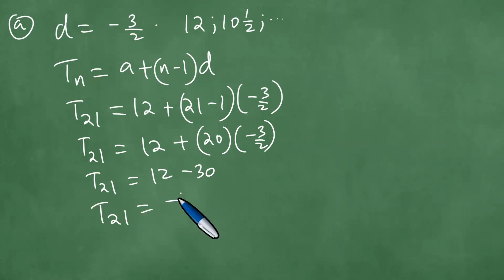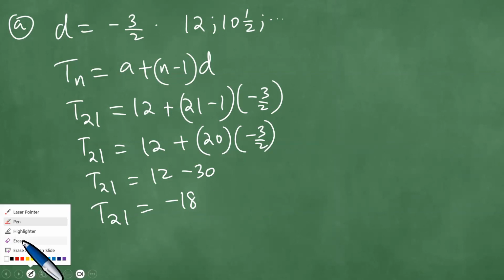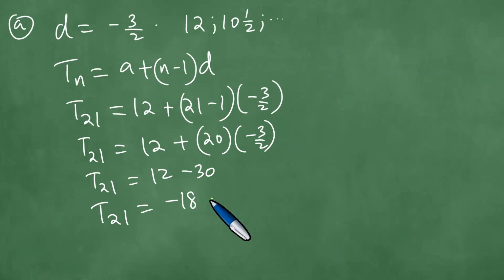So this is minus 18. So the 21st term is minus 18.